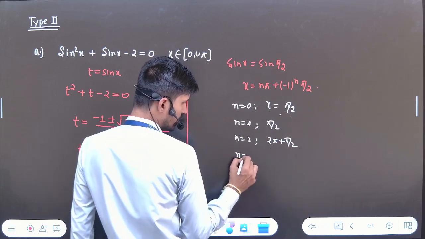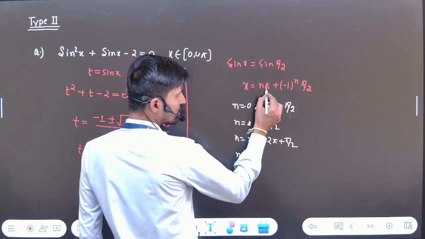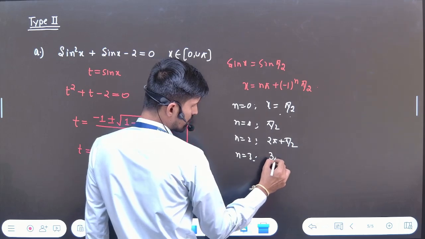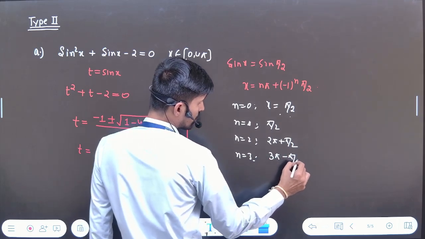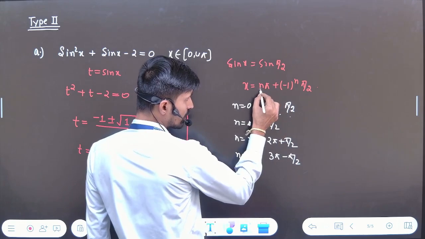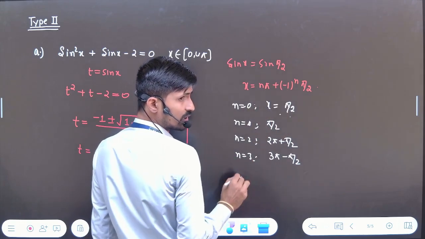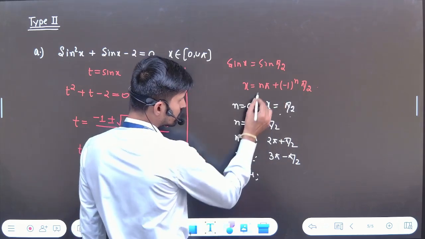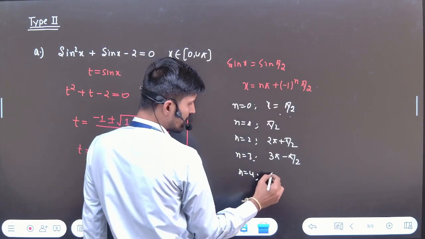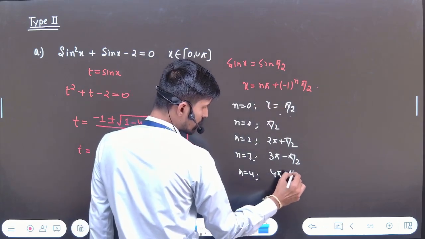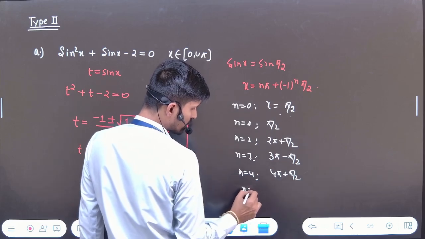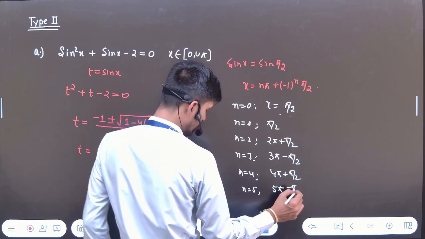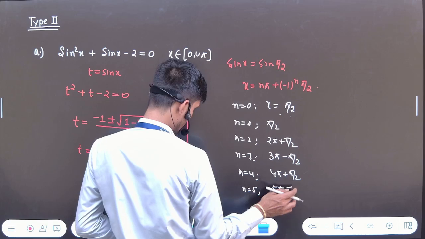And when we put n equals 3, 3 pi minus pi by 2. When we put n equals 4, 4 pi plus pi by 2. And when you put n equals 5, you will get 5 pi minus pi by 2.